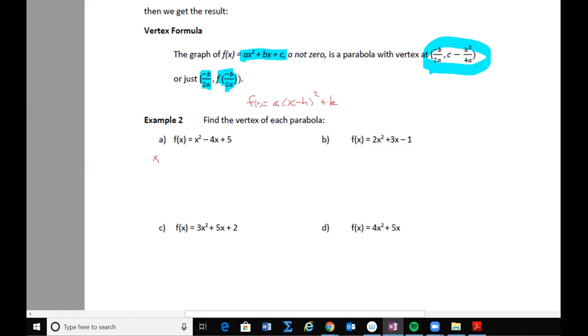The x coordinate for the vertex, so we can say x sub v for vertex, is going to be minus b over 2a. In this problem, that is 4 over 2, which is a 2. So the x coordinate is 2. What's the y coordinate? Well, I'll just put it in here. I have 2 squared minus 8 plus 5. So we got 9 minus 8 is a 1. So there's our vertex, 2, 1.